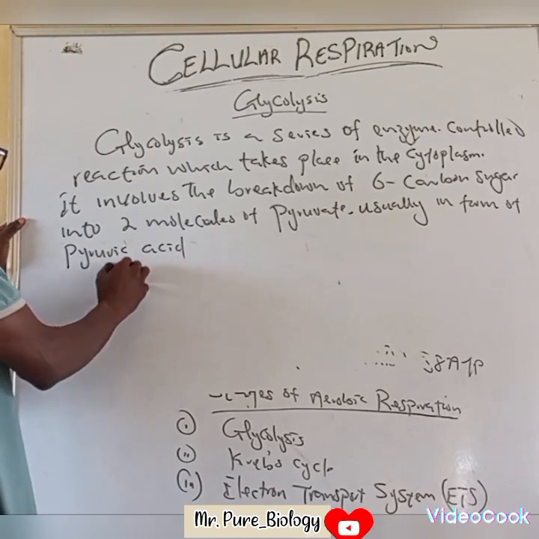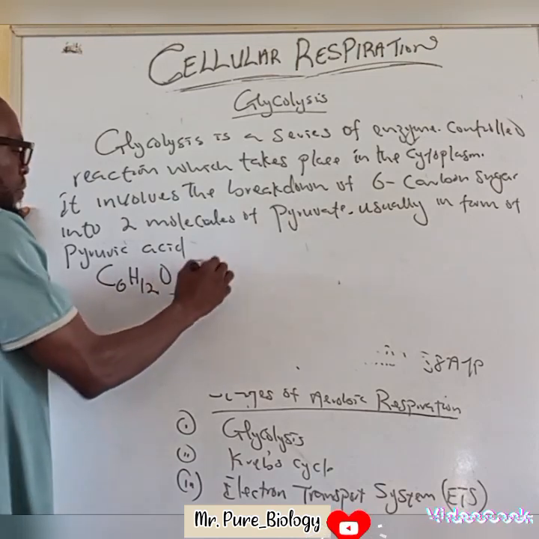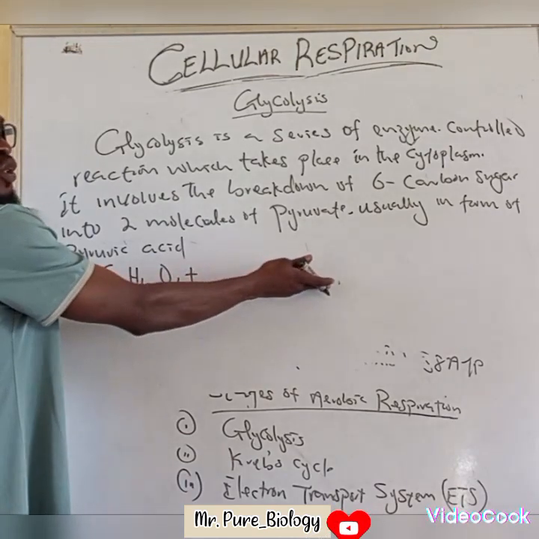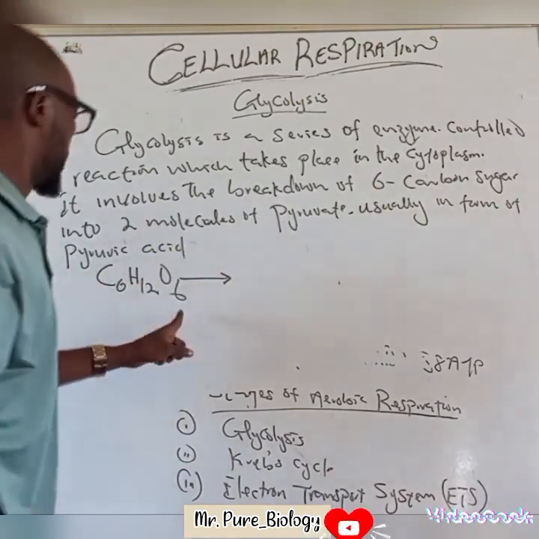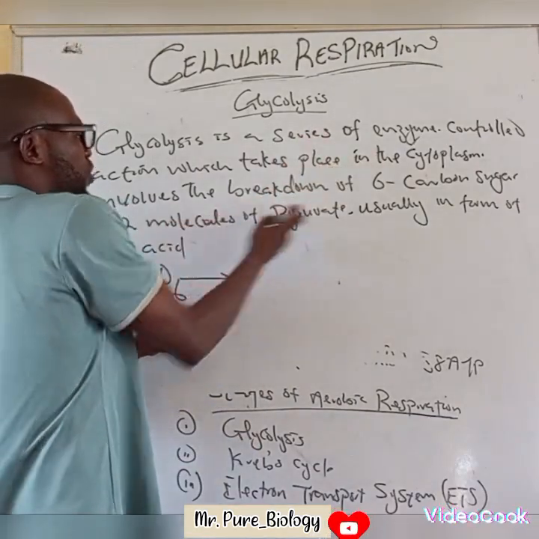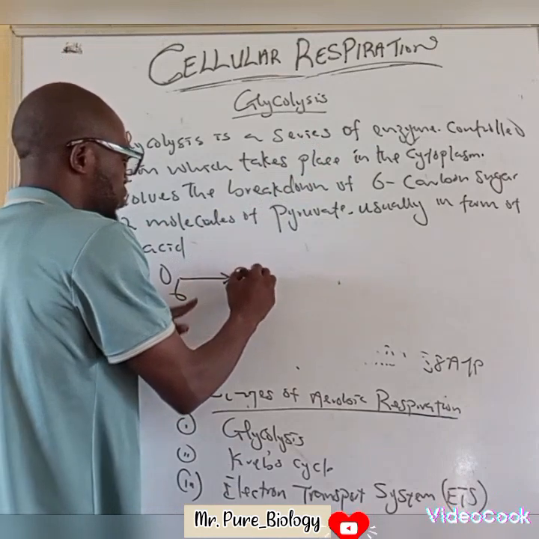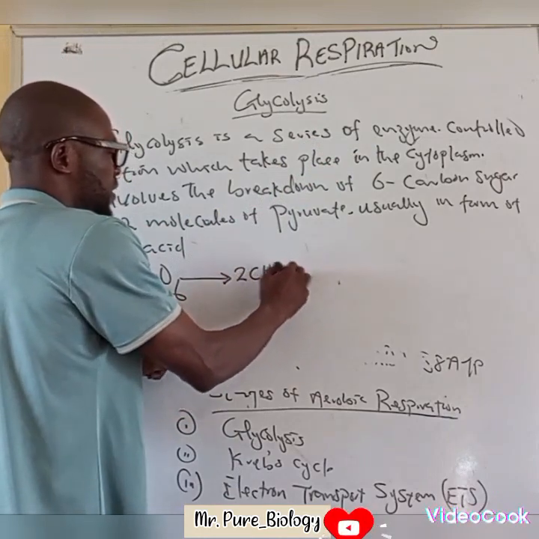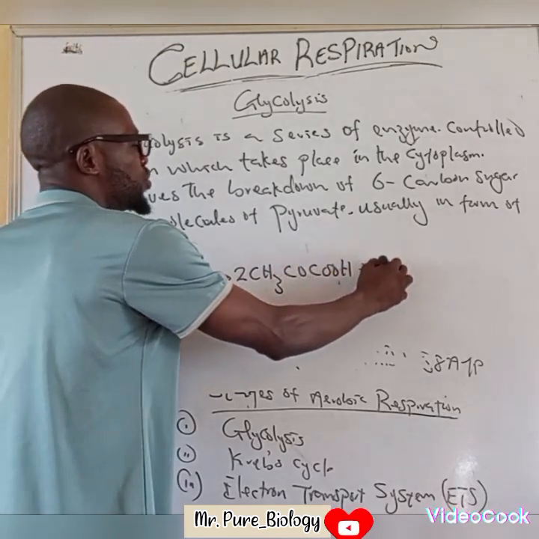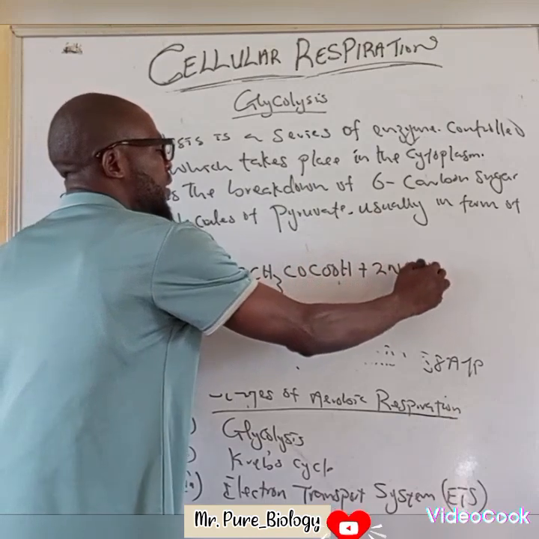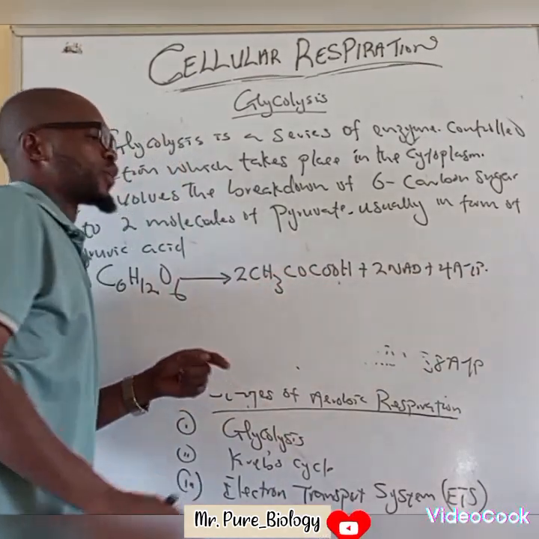We have glucose, C6H12O6, plus oxygen, but there is no oxygen, so it equals 2 molecules of pyruvate, 2CH3COCOOH, plus 2NADH, plus 4ATP. That is the amount of energy that we generated.